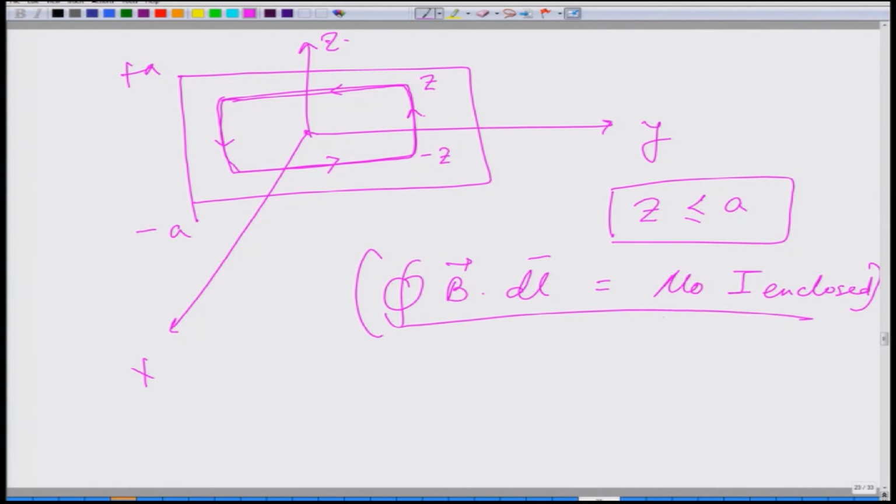You see that the direction of B is negative in this direction and positive in this direction. So, when you find B dot dl in the whole loop, you will get mu 0 times I enclosed in terms of J. When you do that, you find B inside, for z less than or equal to plus or minus a.